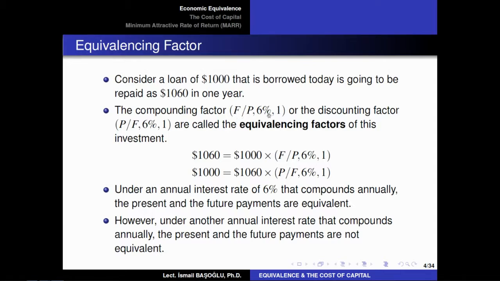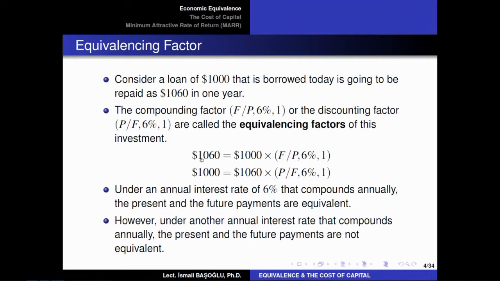Therefore, the compound amount factor F over P under 6% interest rate for 1 year, or the reciprocal of it, which is the discounting factor. The compounding factor converts the principal to the future value, and the discounting factor converts the future value to the principal, which is P over F, the reciprocal of the compounding factor. These are called the equivalencing factors of this investment.